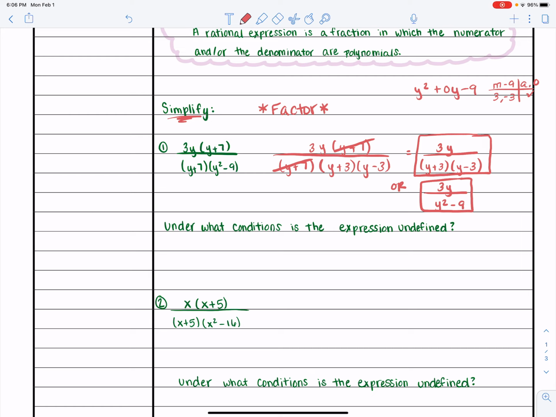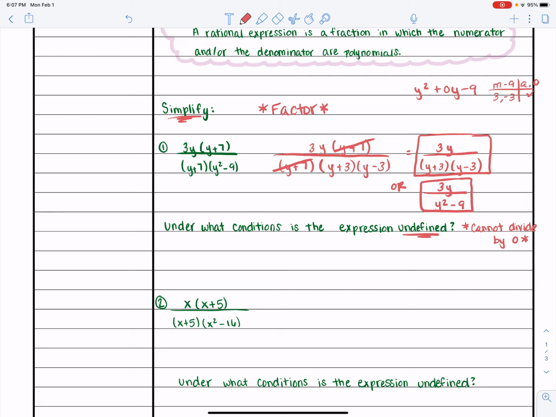All right, so next it says, under what conditions is the expression undefined? Well, if you think back to just mathematical things you know or have been told at some point in your life, you know that in math, you cannot divide by 0.